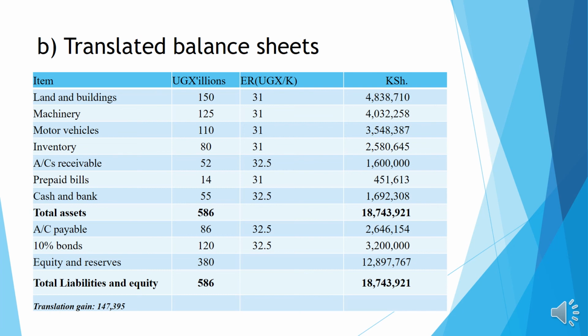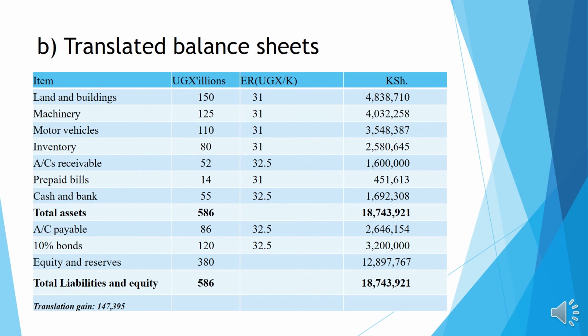Now, when you look at this, we get the total of current assets. Now, if we subtract the values of accounts payable and bonds, we shall get the difference, which is 12.897767, i.e. we treat equity and reserves as a balancing item.